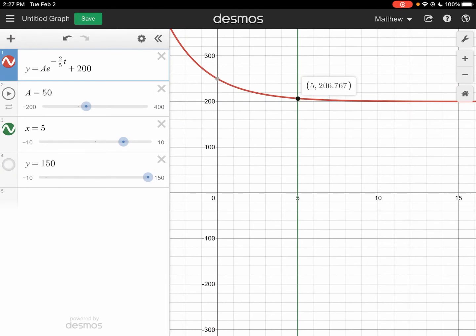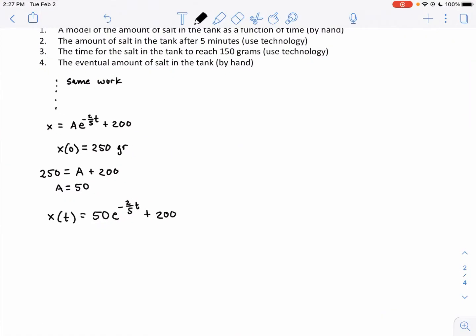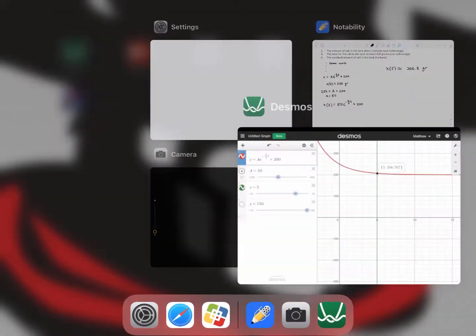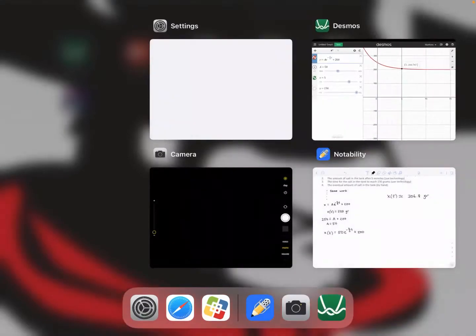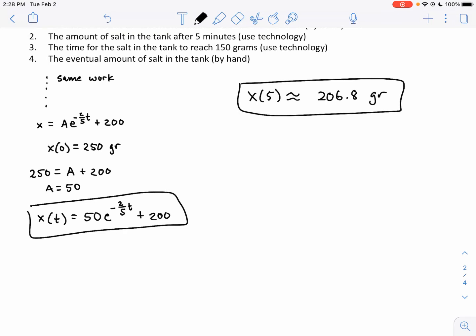You can see that 5 minutes in, we have 206.8, we'll say. So x of 5 is about 206.8 grams of salt. This answers question 2. This was the answer to question 1.